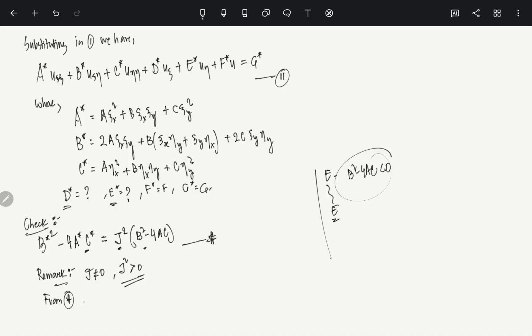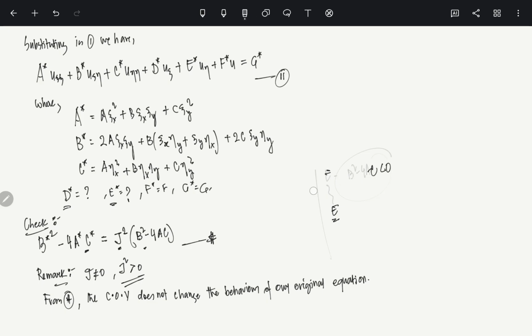So from star, the change of variable (COV) does not change the behavior of our original equation.